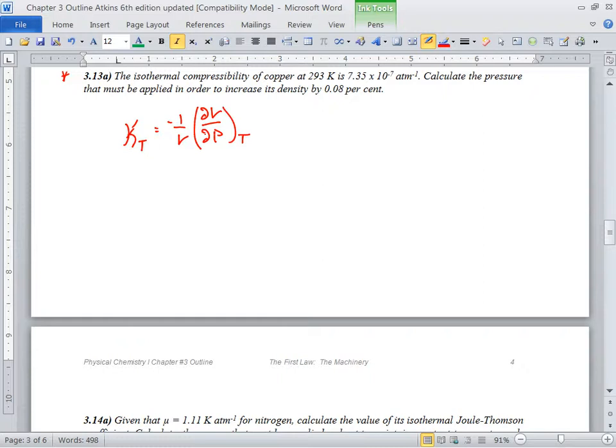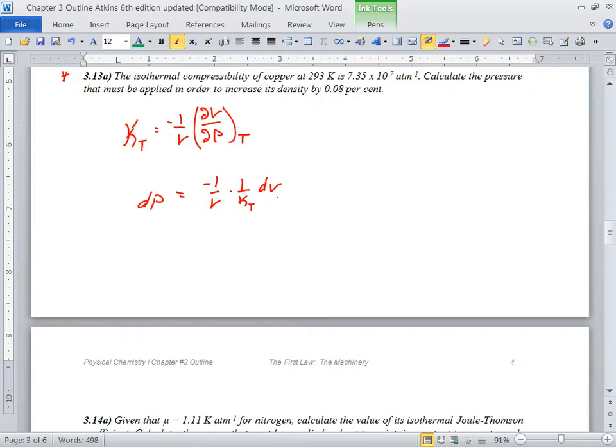Okay? So if you're going to get stuck integrating, we're going to figure out how we're going to do this. First, I would rearrange it for dP. I would bring the dP up to the top, bring the kappa T down to the bottom. Something like this. Oh, I just changed it to a d, because I'm getting ready to integrate. So that's why I changed the partials to little d's.